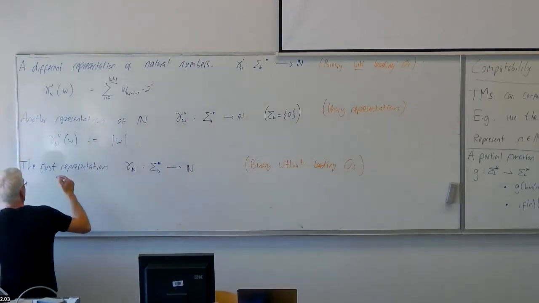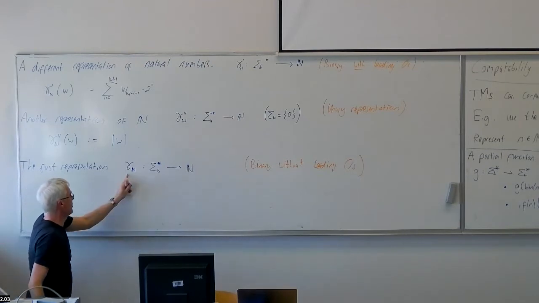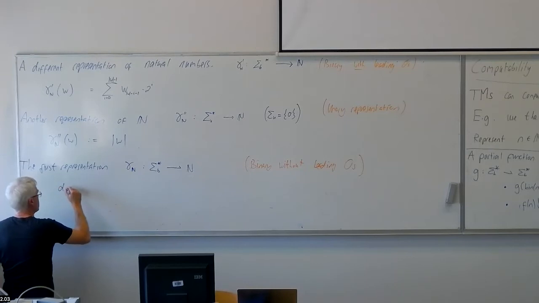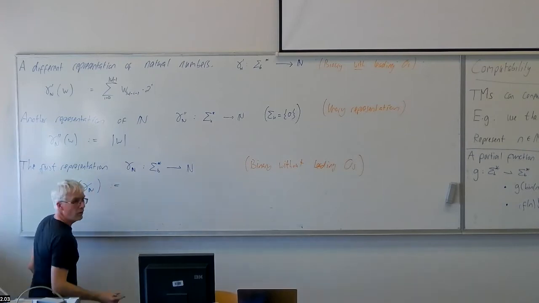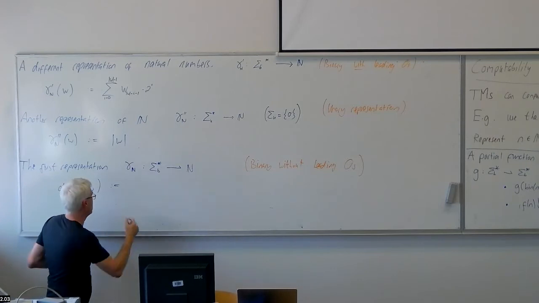And this is defined by, well, to define this, we need to say what this partial function is. So to do that, we'll give the domain of this partial function, the set of strings on which it's defined. So the domain of this partial function is simply all those binary words that do not have a zero as the first character.